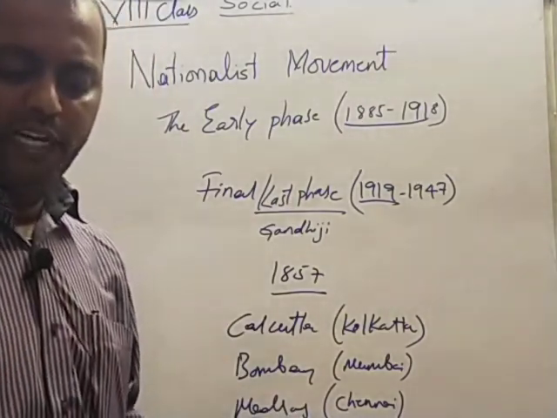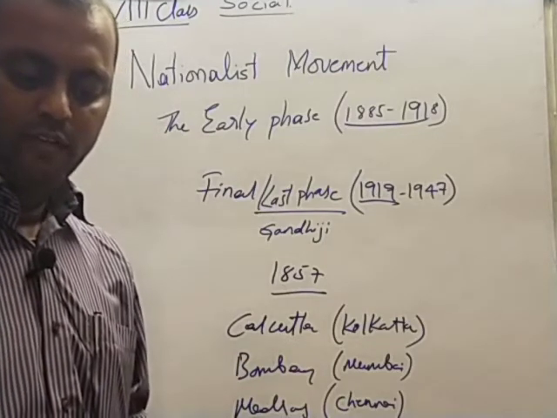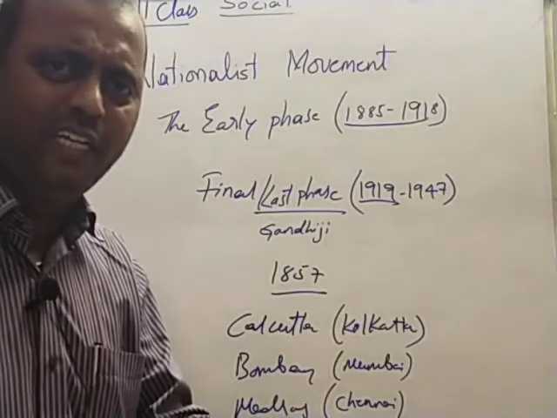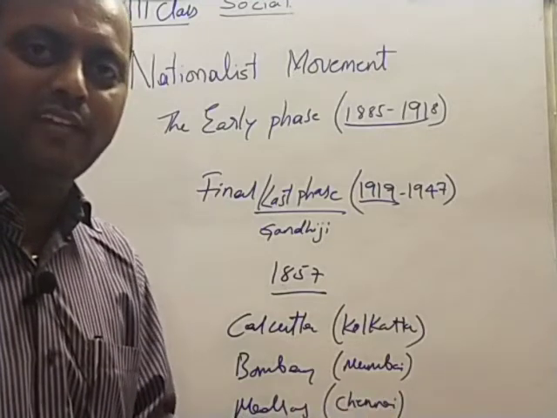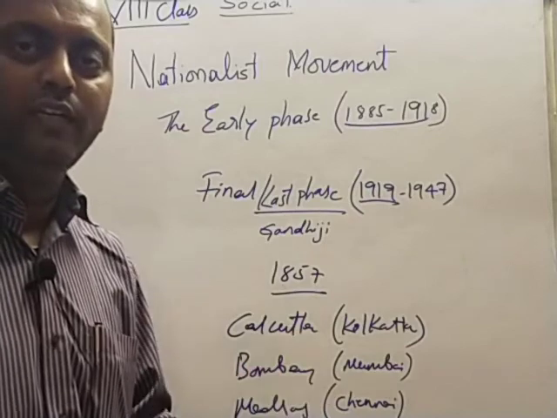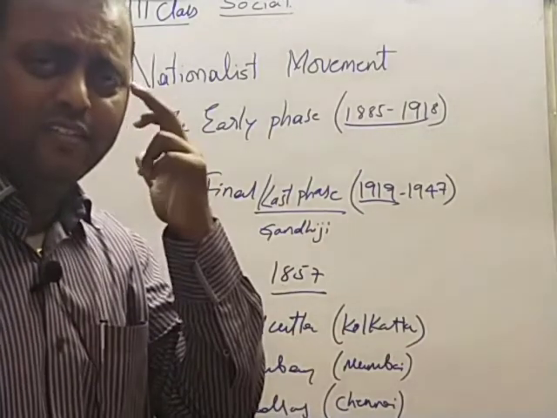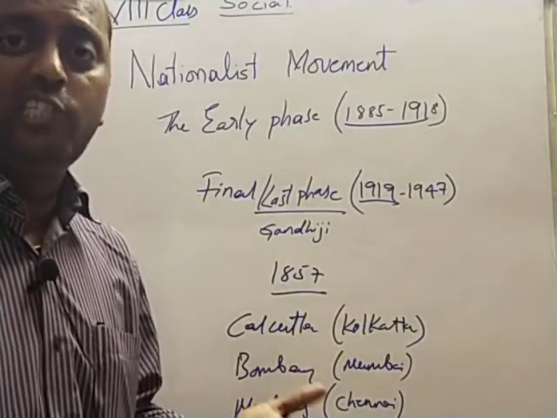So the intellectuals of the time opposed the inequalities and injustices of the old social system. Social system means whatever inequalities and injustices are there in society, the people who read started opposing them. Intellectuals are those who have intellect, knowledge.